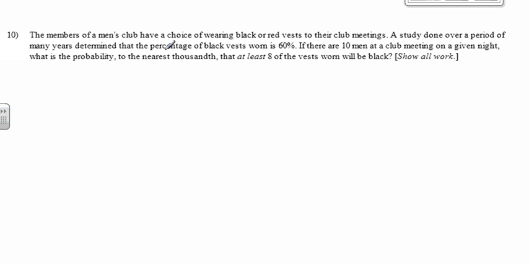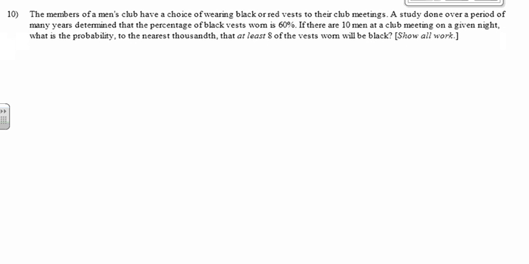The members of the Men's Club are wearing black or red vests. The study over many years determined the percentage of black vests was 60%. So what do we have? We're going to do the NCR at least 8. So we know that N is equal to 10. R is equal to 8, 9, and 10 because it's at least, so we have to go up.